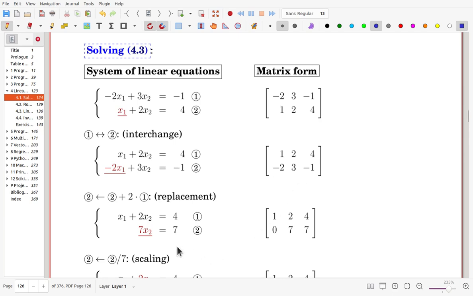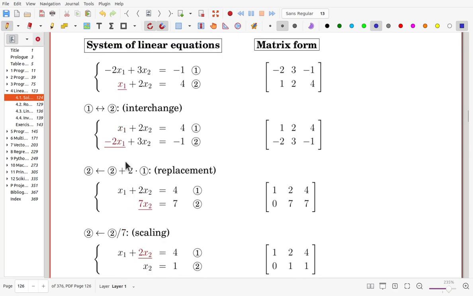Okay. Here, as the beginning step of solving the problem, now we will try to eliminate this one. That can be done if we replace the second row by the second row plus twice the first row. Okay, first equation twice is added to the second equation, then it'll become 0.